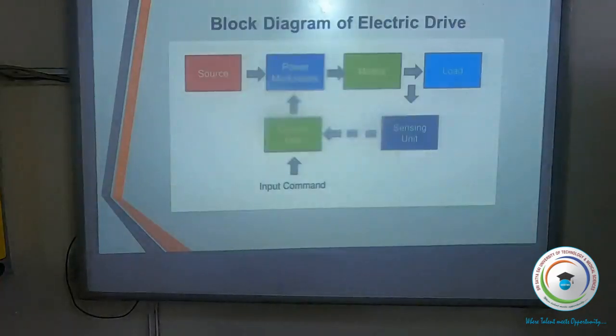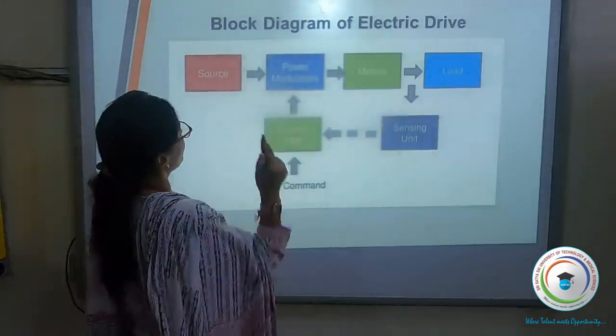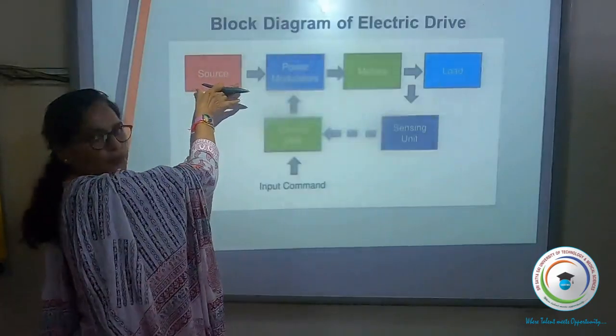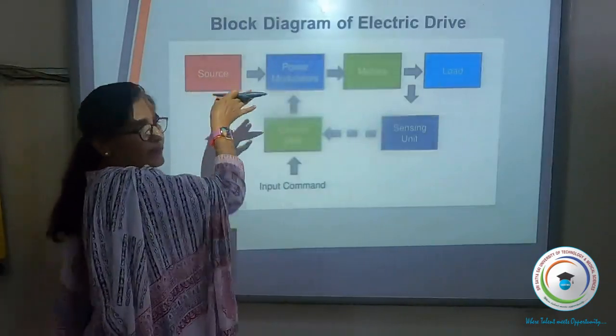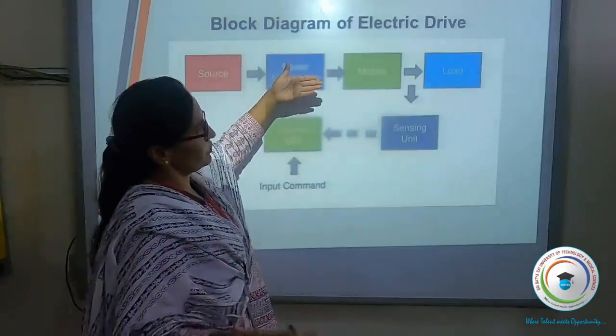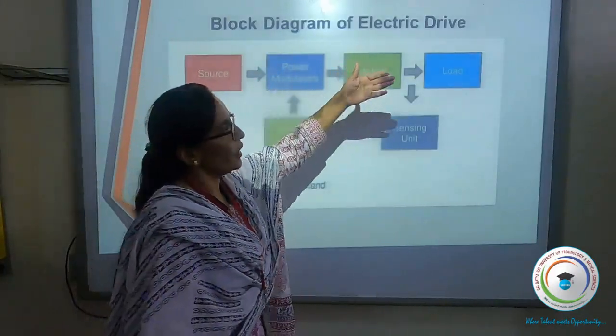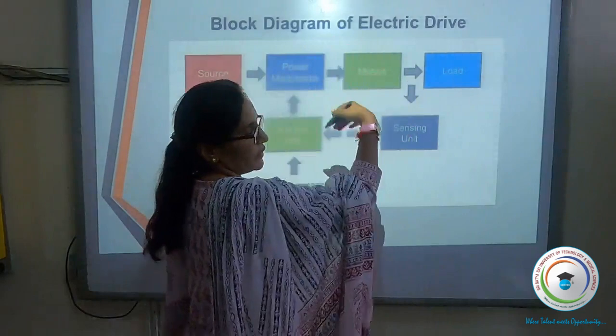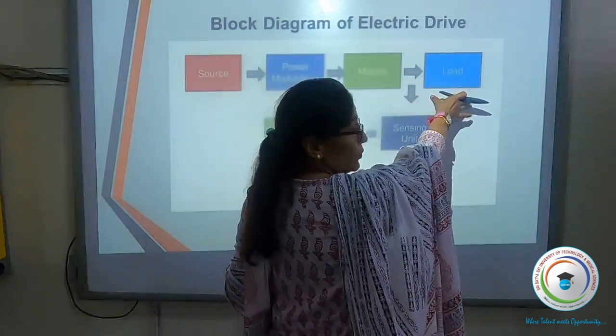Now this is the basic block diagram of an electrical drive system. We have a source as the input. Then the power modulator. Next is the motor and load system, which you can also call the output.